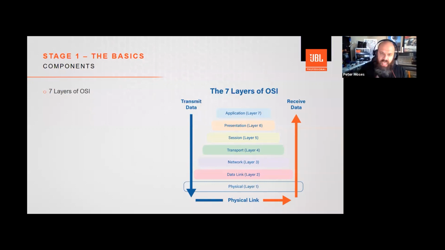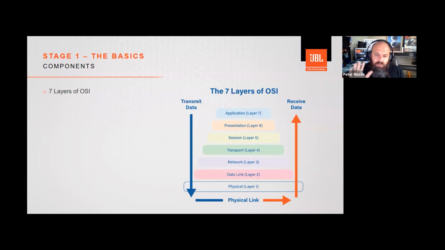These other 7 layers, which you can dive into at your own time, give you a good understanding of where certain data sits, whether it's data that is crucial to your program running, whether it's data crucial to your device interacting with other devices on a network, or indeed whether it's data that is being transmitted to you or being transmitted to someone else from you in layer 7, layer 6, layer 5.